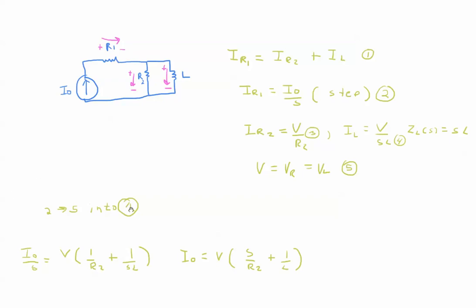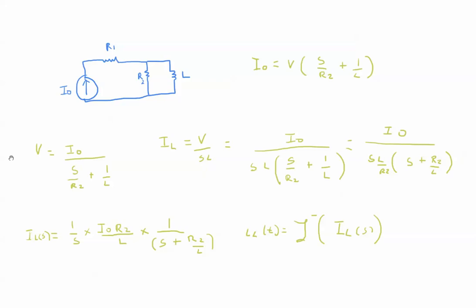For shorthand, I've just said V equals VR plus VL. Put all of these into equation 1, and we get I naught divided by S equals the voltage times these terms. I multiply through by S to get this equation, which is where we started on the last slide.